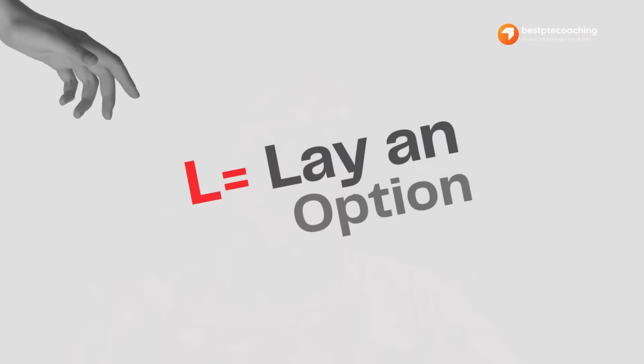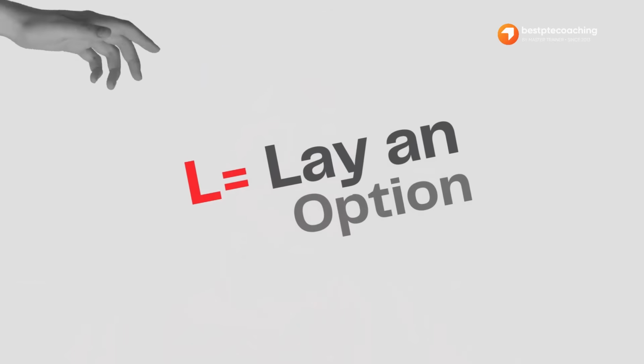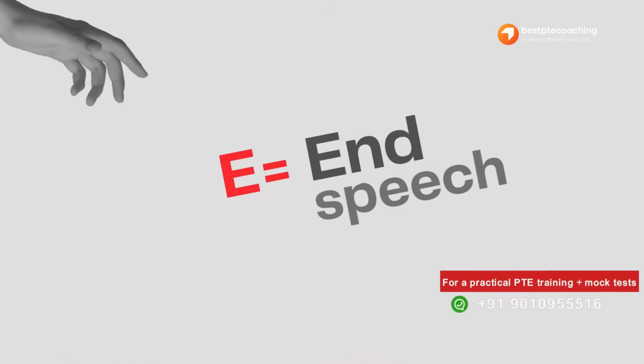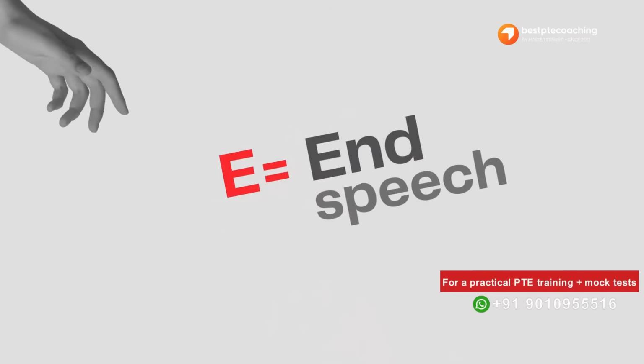L stands for laying an option, which is not 100% essential; if possible and needed, you use it, otherwise don't. E stands for ending the conversation. So you start the conversation, introduce the situation, mention the problem, lay another option, and end the answer. This is called simple approach.